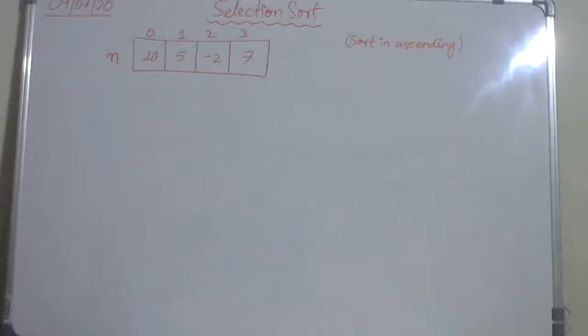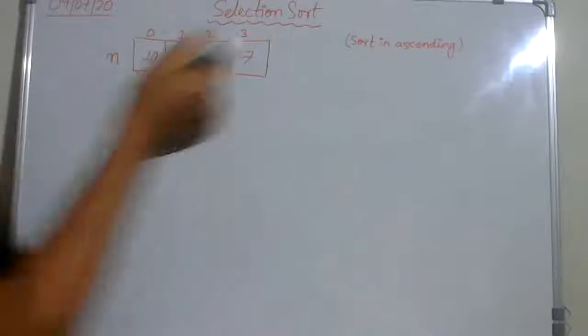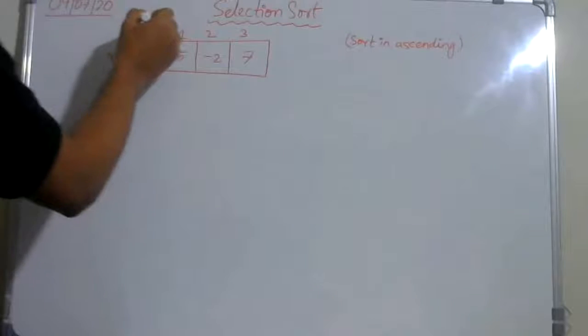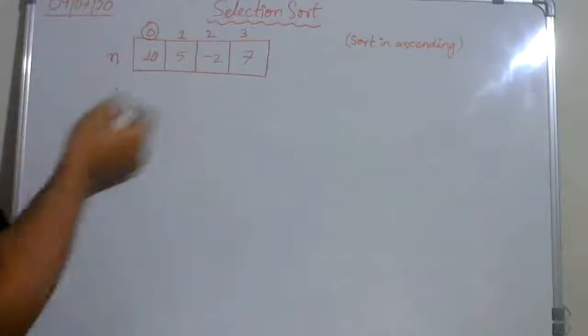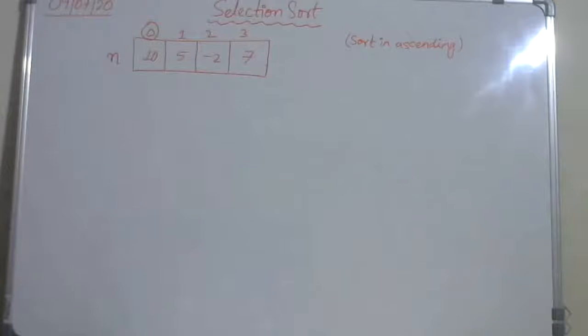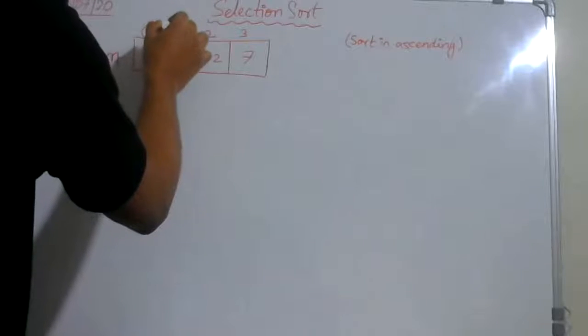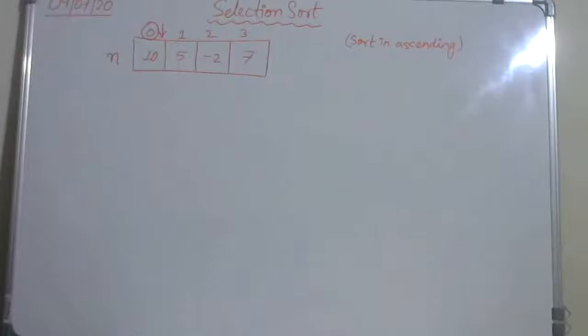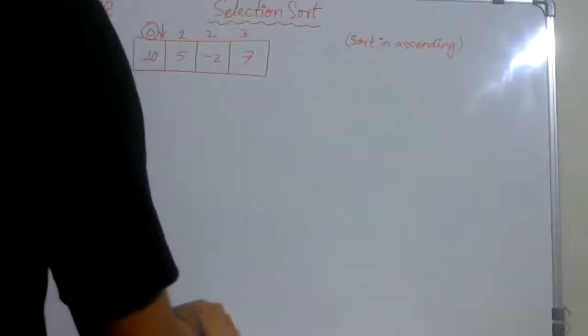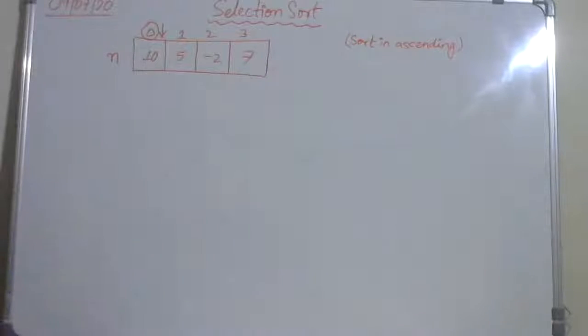As the name suggests, in selection we select a position of the array, which is basically the starting position in the array. So we select that position, and what we do is we start comparing with the other elements that are there in the array.